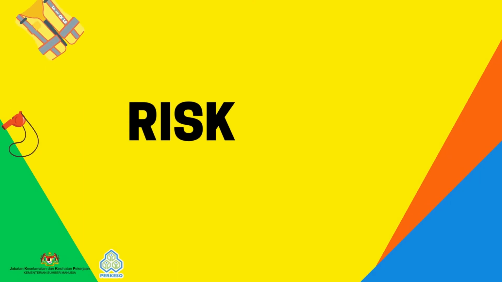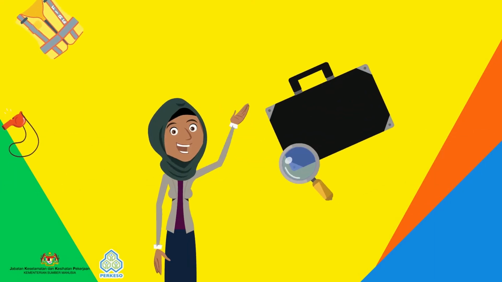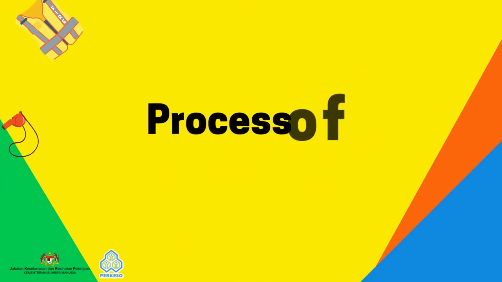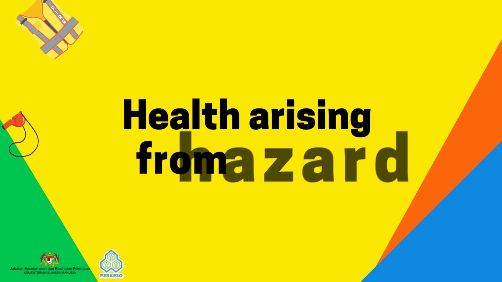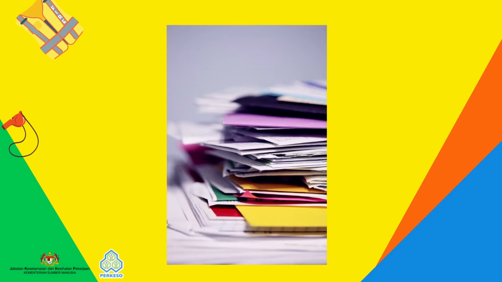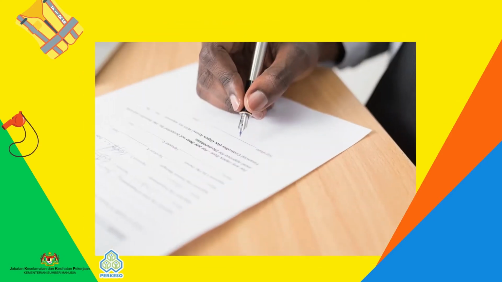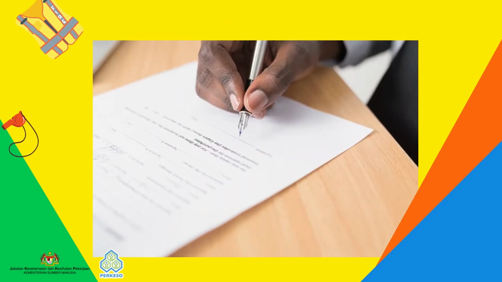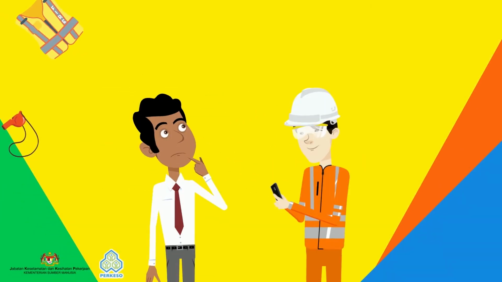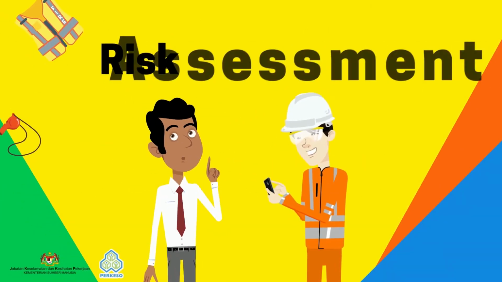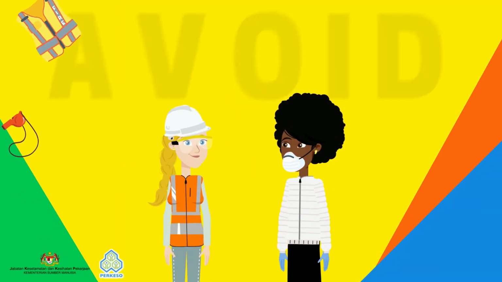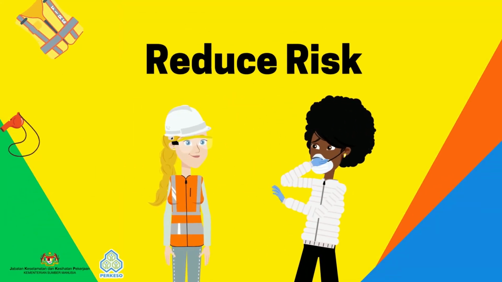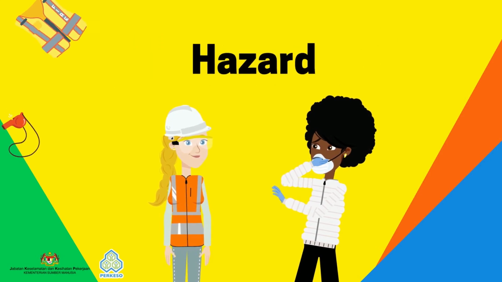Risk assessment is the process of evaluating the risks to safety and health arising from hazards at work and determining the appropriate measures for risk control. Risk assessor is a person who is competent to carry out risk assessment. Risk control is the measures to avoid or reduce the risk associated with a hazard.